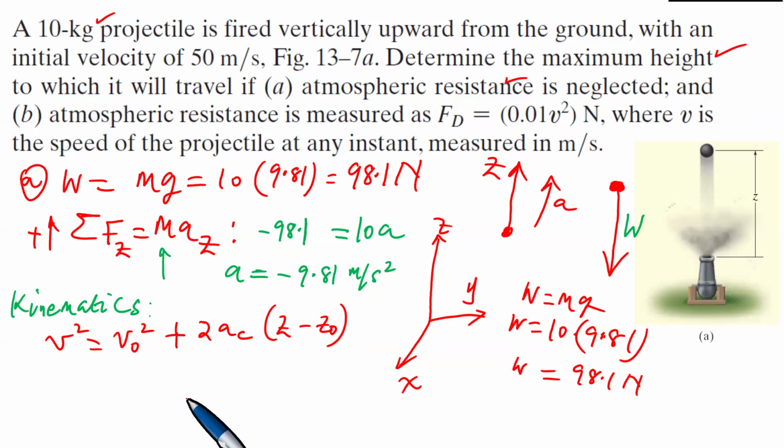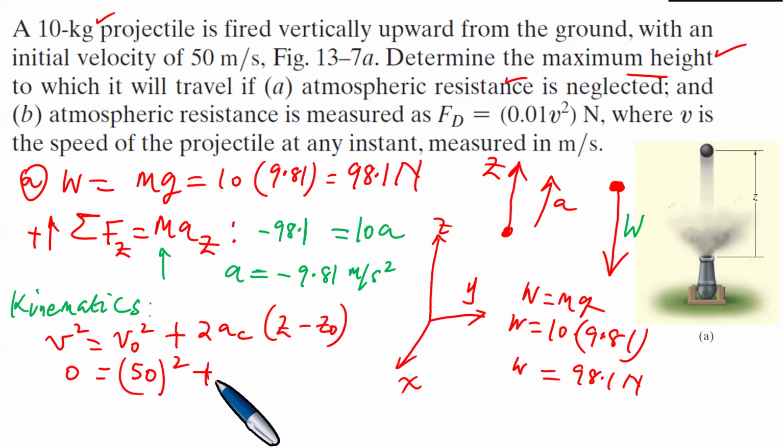Right. Now we are looking at the kinematics part, and we are taking note of the fact that we're interested in this particular projectile reaching maximum height. When it reaches maximum height, it means that the final velocity becomes 0, and the initial velocity becomes the velocity which was projected, which is 50 meters per second.